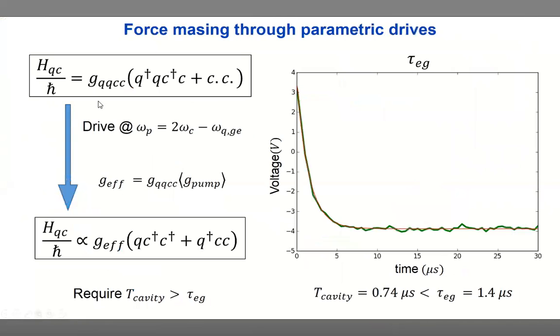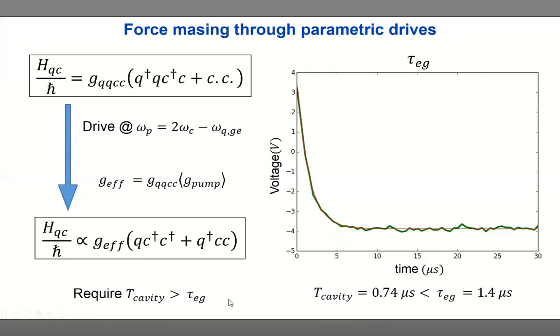If I look at the fourth order interaction between my qubit and my cavity, I can apply a parametric drive at 2 times the cavity frequency minus the qubit's G frequency. In the stiff pump approximation, I get an effective third order interaction, where at the expense of a qubit photon, I gain 2 cavity photons.